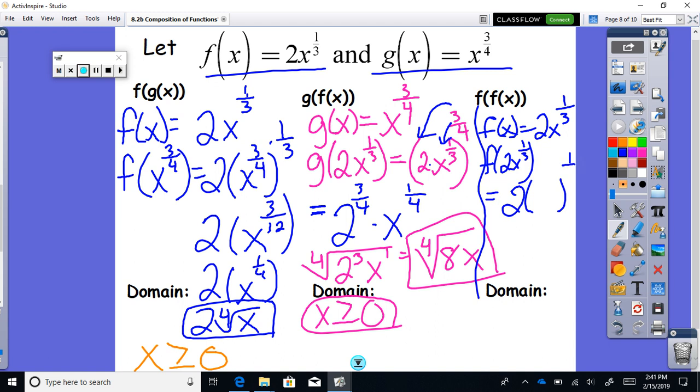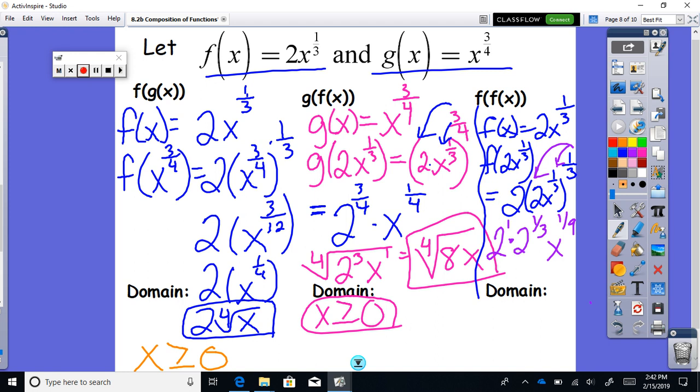Wherever I had an x, I now have a 2x to the 1/3. So I'm going to have a 2x to the 1/3 in here again. Power to a product, make sure to take that exponent to both here. So I'm going to have a 2 times a 2 to the 1/3 times an x to the 1/9. So 1/3 times 1/3 is 1/9 there.